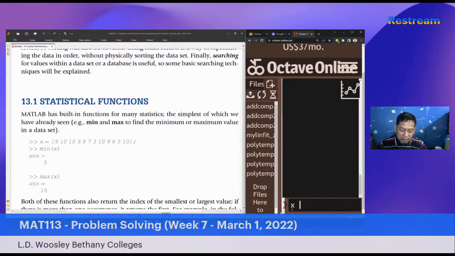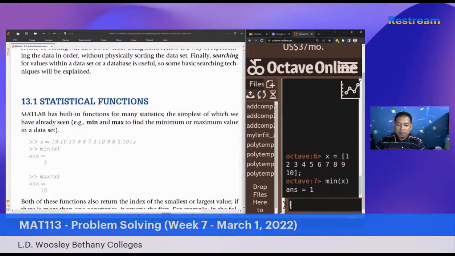Yeah, for X would be equal to say 1, kahit walang space, no? 1, 2, 3, 4, 5, 6, 7, 8, 9, 10. So we could always close that in a semicolon. So we could say the minimum value of X, this series of X, would be equal to 1. Ayan. So that's the minimum value.